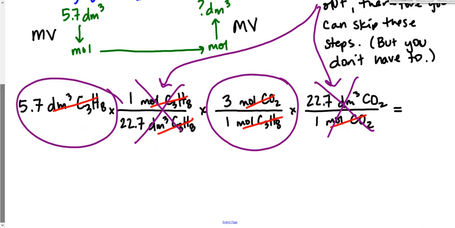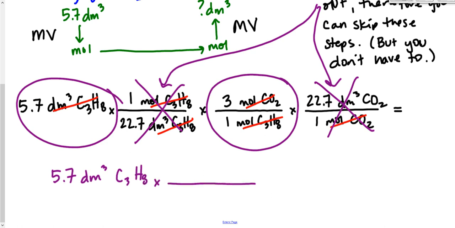So here's what it could look like, and this would be totally acceptable. 5.7 decimeters cubed of C3H8, and I want C3H8 to cancel. And I want to change this to CO2. So I'm going to use my substances so I know what to cancel. But now instead of putting decimeters cubed, because I actually want that at the end, I'm only doing that mole ratio.